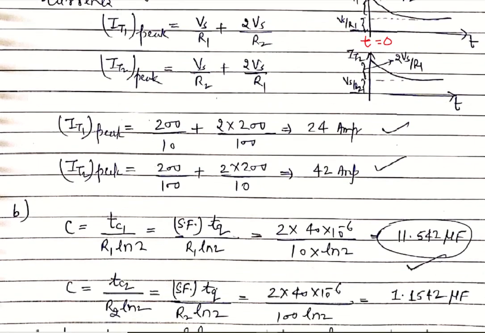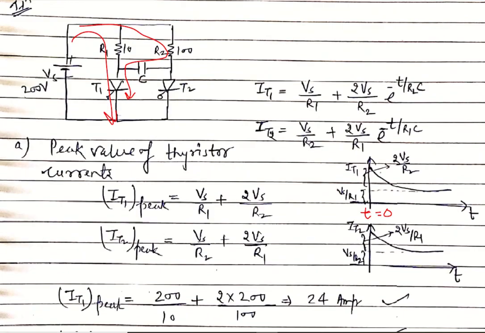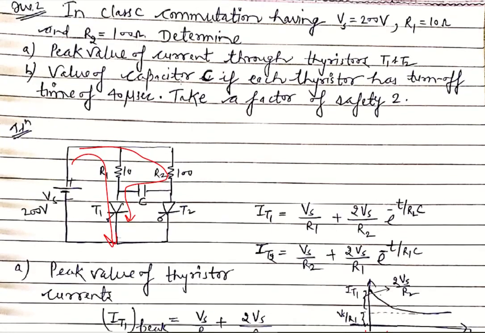And the second part of the problem: we have to find the value of the capacitor C if the thyristor has a turn off time of 40 microsecond. What is given in the problem? This is not the circuit turn off time, it is a device time, and the device is the thyristor. So tq is given as 40 microsecond and the safety factor is equal to 2.